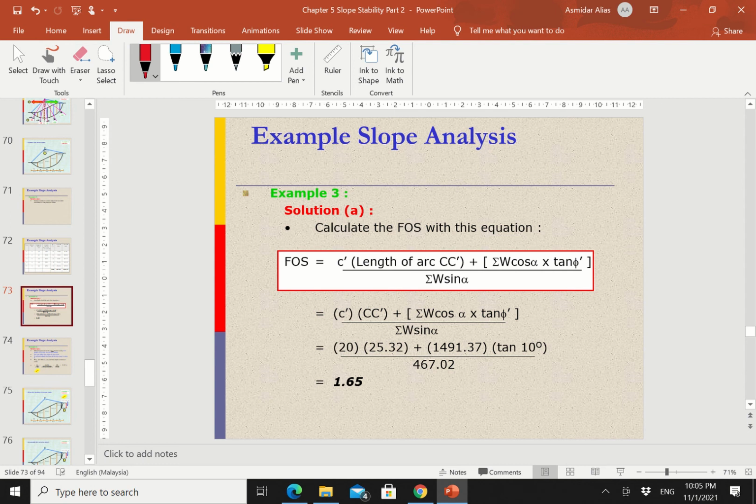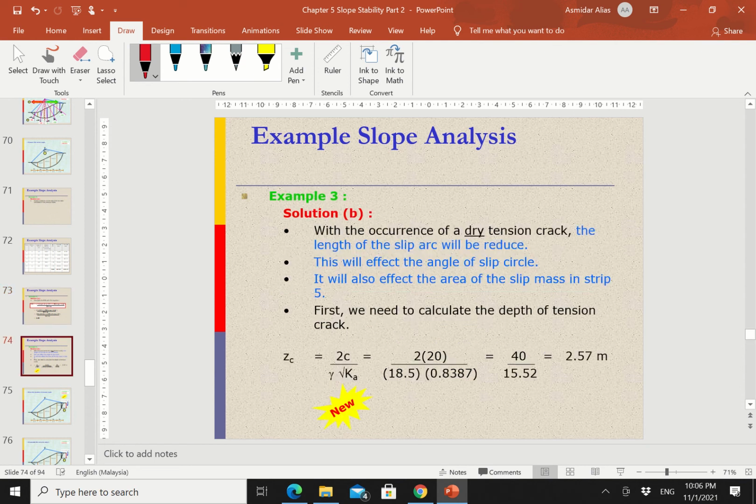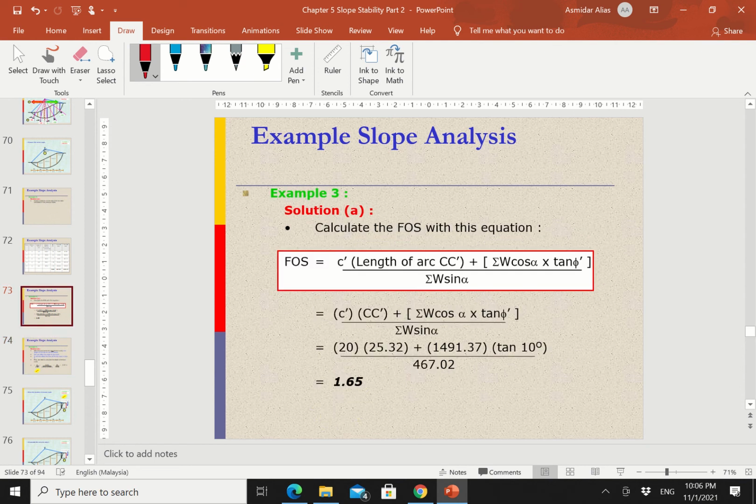Length of arc is R, which is your radius, multiplied by theta, which is the angle. And those values must be calculated in radians, and then you put all the information in the equation. You get the value for F of S, that will be 1.65. So that is the value of F of S without tension crack.